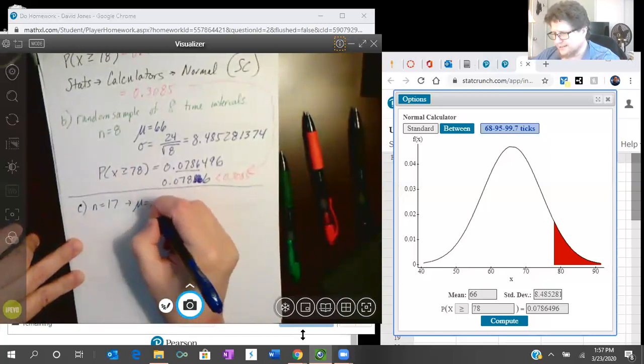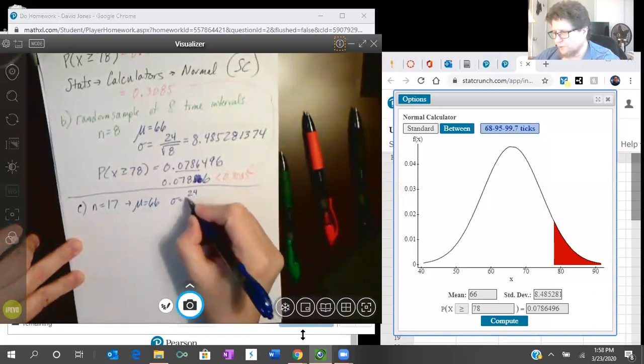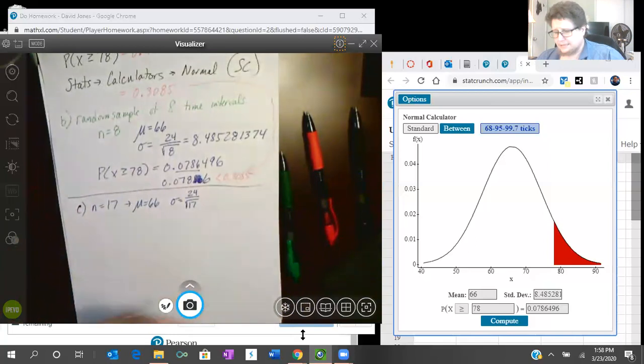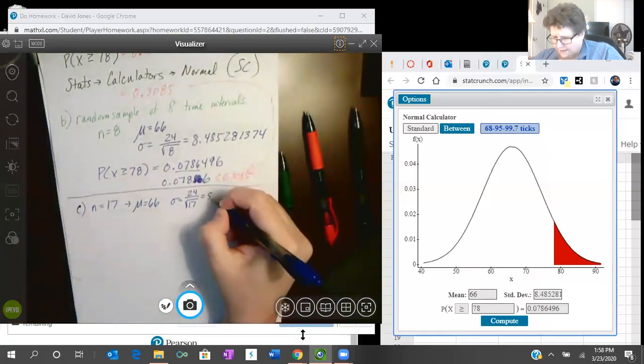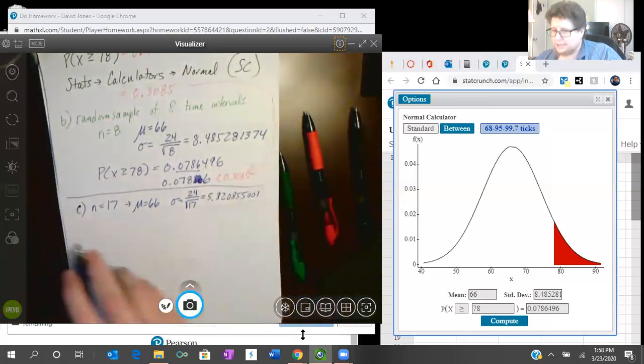So the mean is still 66. The standard deviation is now 24 over the square root of 17. I'll put that into a calculator. 5.8208555001.